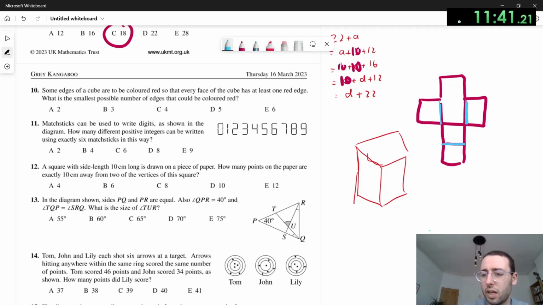Because if I do this edge over here, but then this guy doesn't have any blue ones. If I do this guy, I think it's 4. Nah, not too sure about that guy. Might be 4.